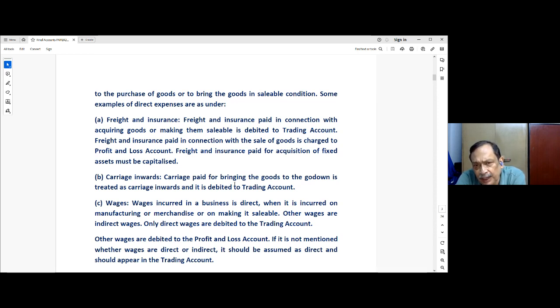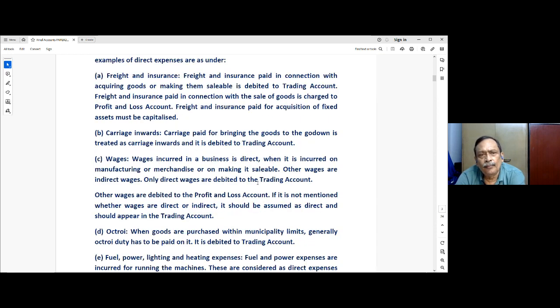Now, freight and insurance paid for acquisition of fixed assets must be capitalized. So the meaning is that if the freight and insurance is actually paid at the time of acquisition of fixed assets, then it should be added to the cost of those fixed assets. Okay, that is called capitalization. So freight and insurance paid for acquisition of fixed assets must be capitalized.